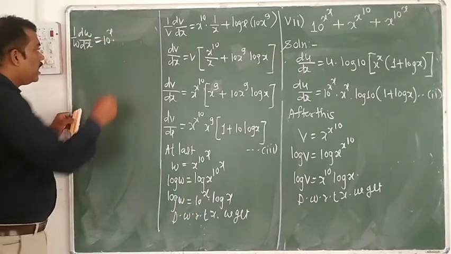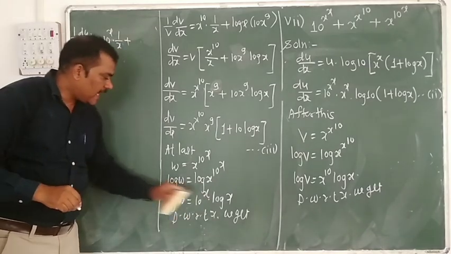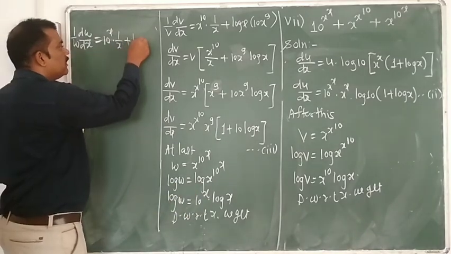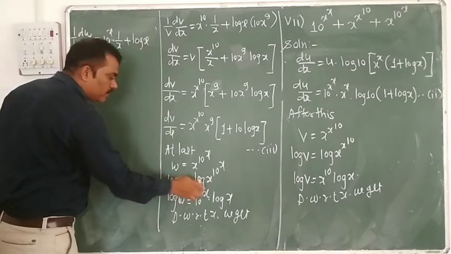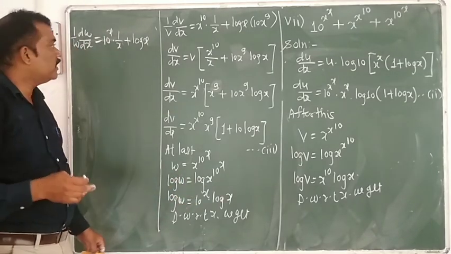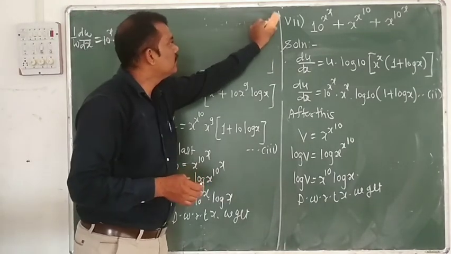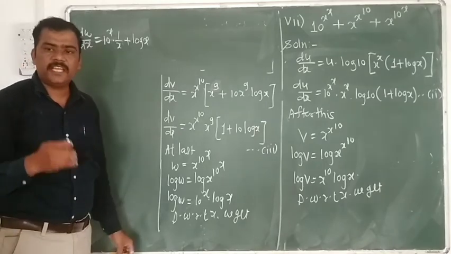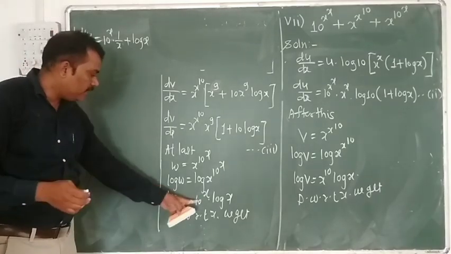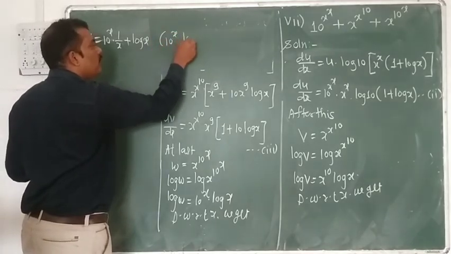What is the derivative of log x? 1 upon x. Log x as it is, second function, derivative of 10 raised to x. 10 raised to x is an exponential function, that is a raised to x. The derivative of a raised to x is a raised to x into log a. So the derivative of 10 raised to x is nothing but 10 raised to x into log of 10.